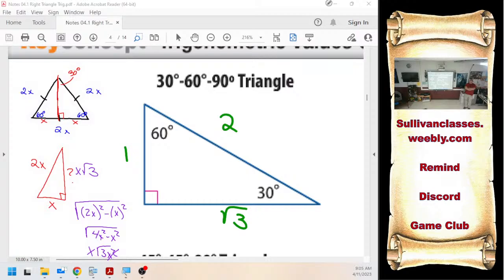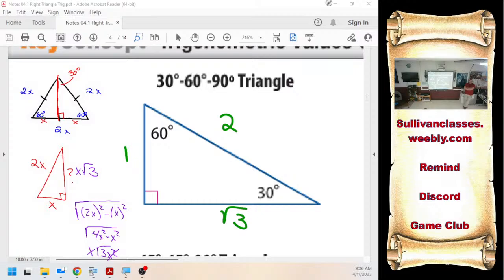Whatever is across from the 90 has to be the biggest side. 1 is 1, 2 is 2, square root of 3 is approximately 1.73. It's like 1.729. So if 90 is across from the hypotenuse, the 2 has to be the hypotenuse.